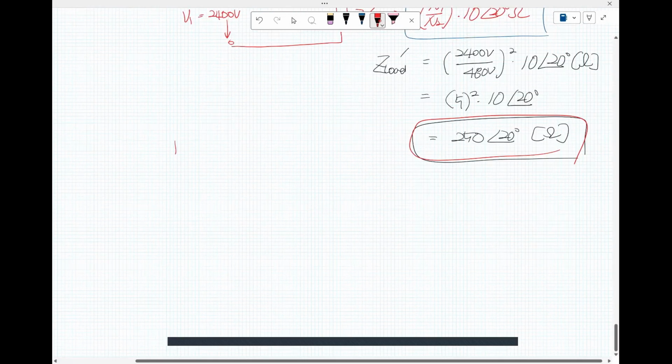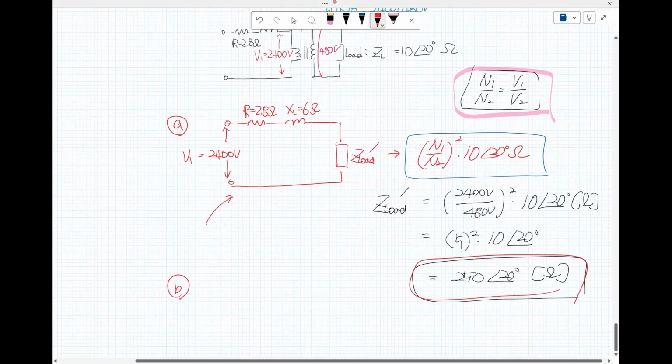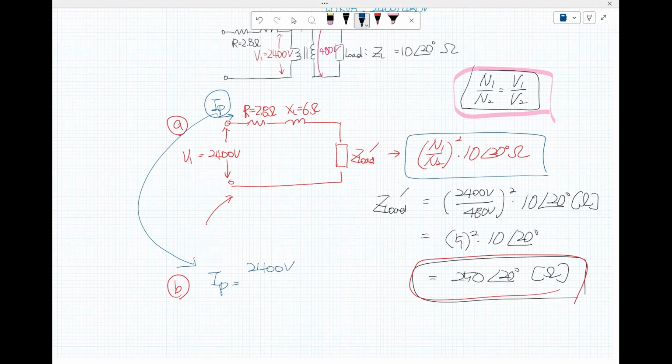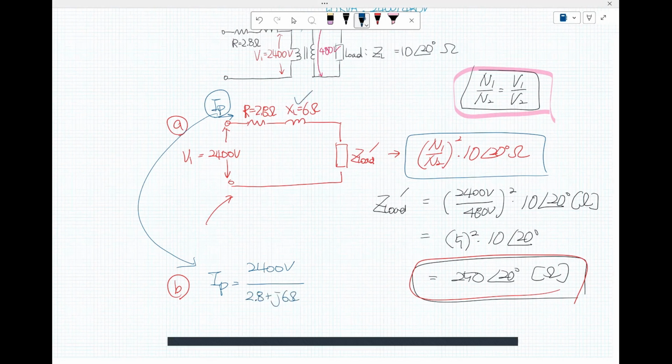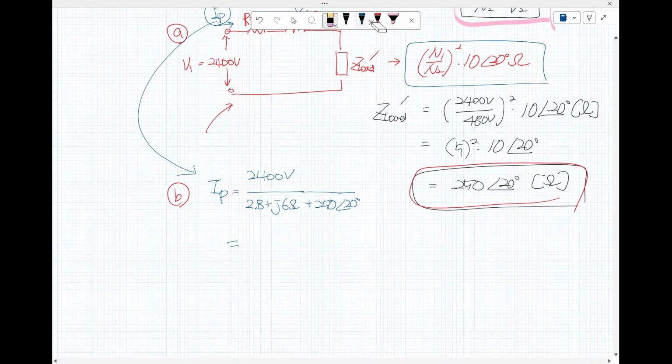Question B: what is the primary current if the rated voltage is applied to the primary side? How can we find the primary current, I sub P? I sub P is 2,400 volts divided by 2.8 plus j6 ohm, the reactance of the inductor, plus 250 ohm at 20 degrees. I'm going to skip the calculations.